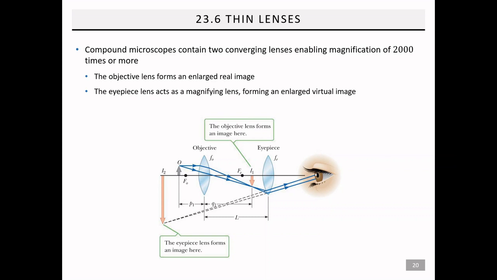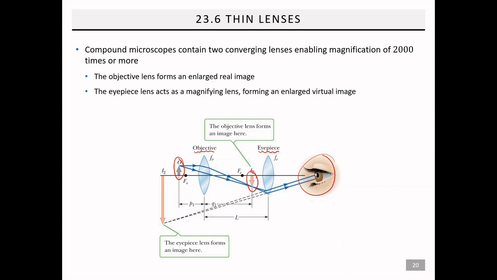The figure at the bottom shows a compound microscope where you start with an object. The light rays pass through the first lens, which is called the objective lens. An image is formed between the objective lens and the eyepiece lens. Then the rays that come from the object and form the image continue going through the eyepiece lens until they reach your eye.